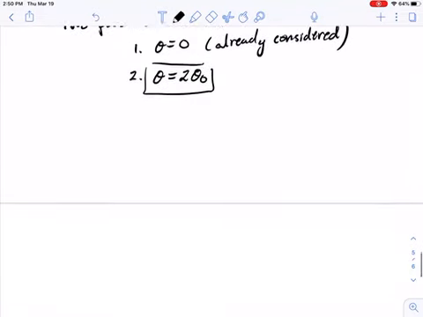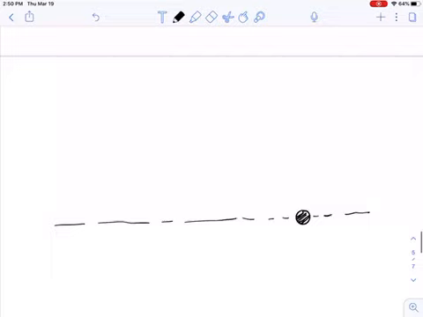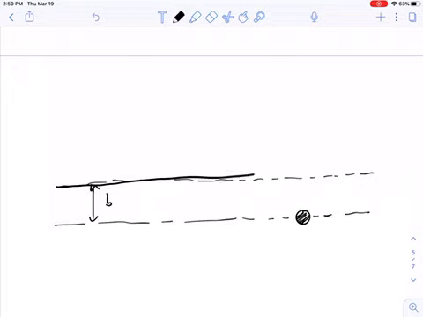Okay, so what that means is, if we draw the picture one more time, maybe I'll give myself a little more room. So here's our gold nucleus. And then our alpha particle comes from over here. And this is our impact parameter B. And it comes and it scatters away like so.